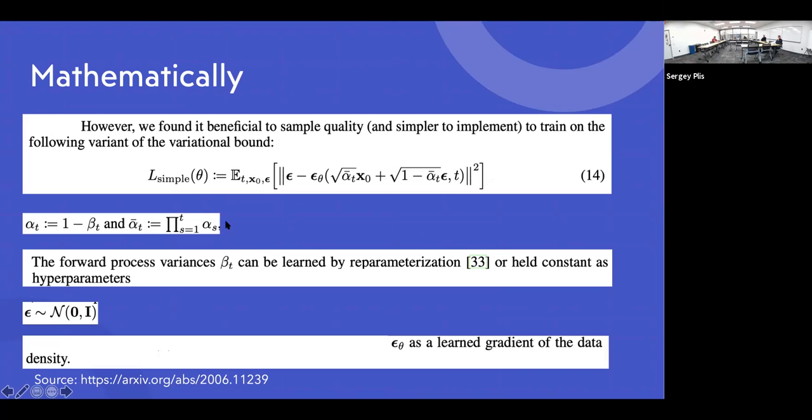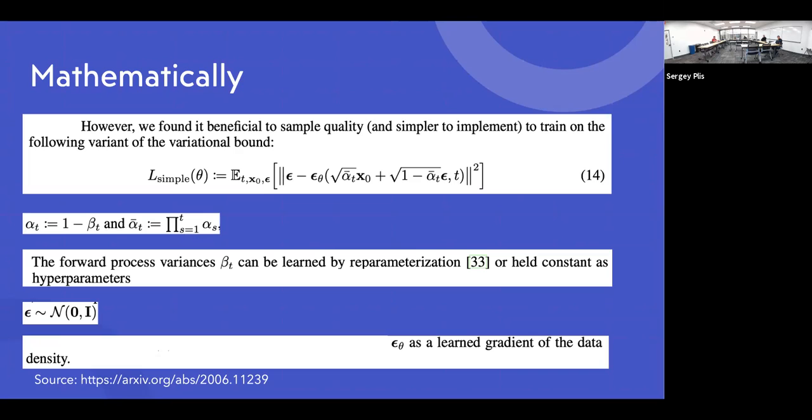And they optimize the squared norm between the noise and the noise predicted by our network, given xt and t, where a of t is the closed form of the forward process that we have.